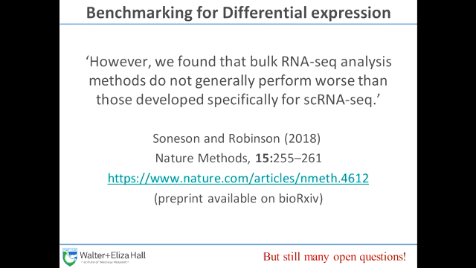Going back to that point of benchmarking, Soneson and Robinson from last year produced another very good benchmarking paper that compared a lot of these methods. Interestingly, one of the key takeaways was that these well-established bulk RNA-seq analysis methods do not generally perform worse than those developed specifically for single-cell RNA-seq data.